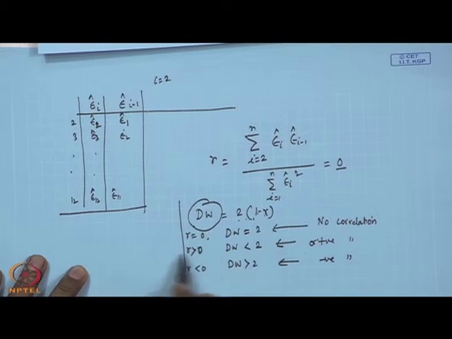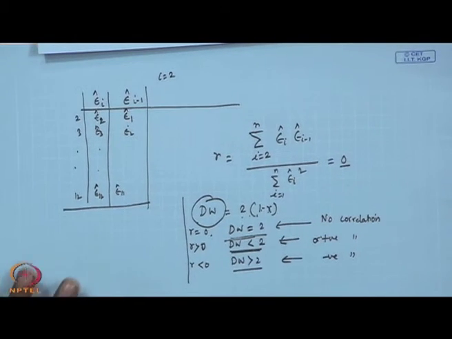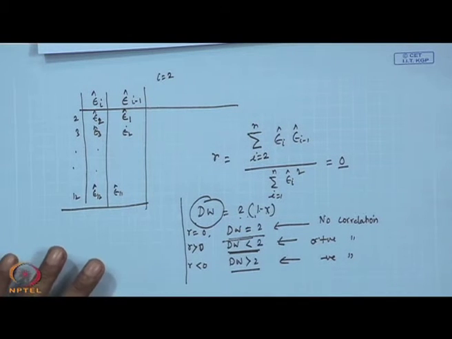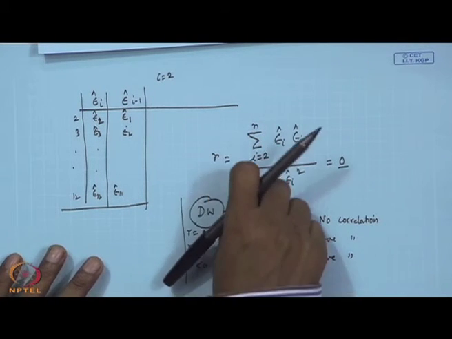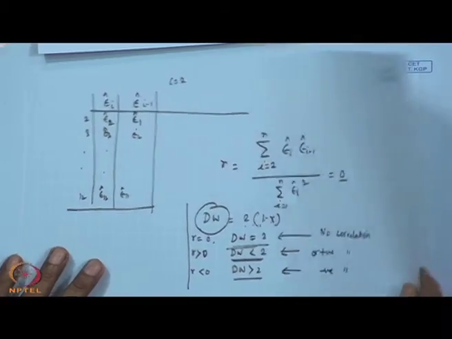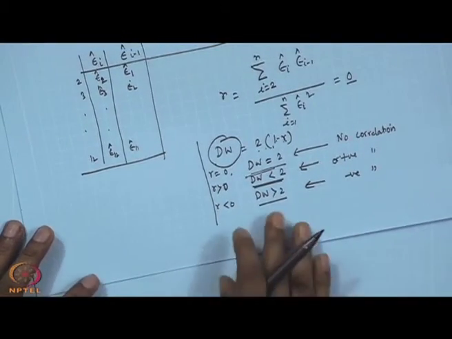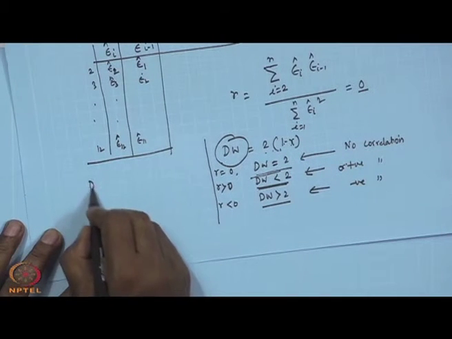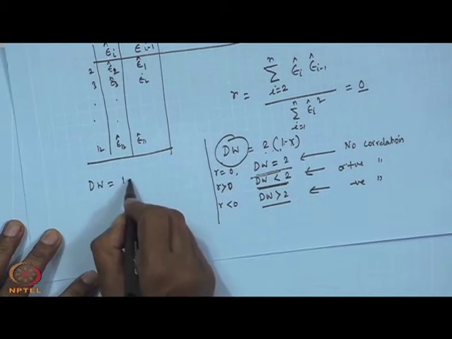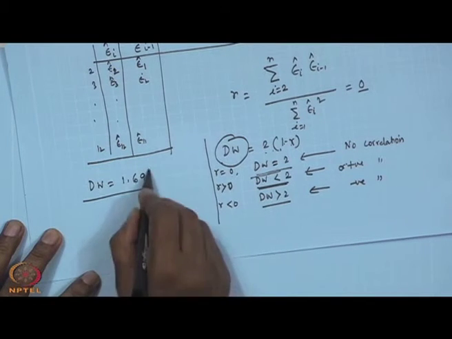You find out what value it is coming. If it is 2, fine, perfectly no autocorrelation. If this value is less than or greater than 2, there is a certain amount of autocorrelation. So, for the problem we have taken, our CT-CAN problem, the DW value is 1.69.